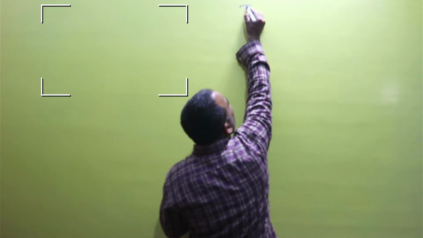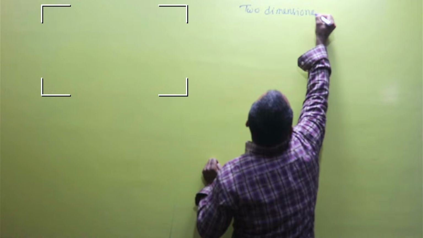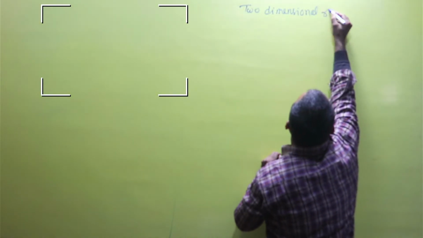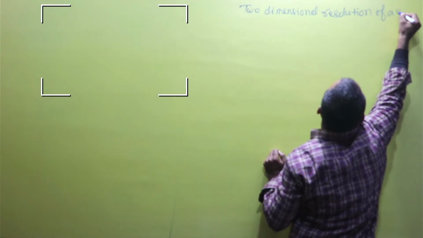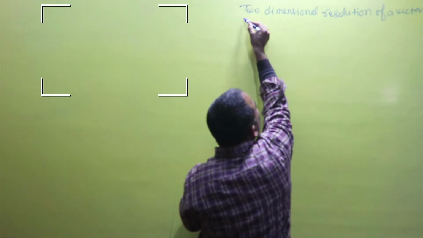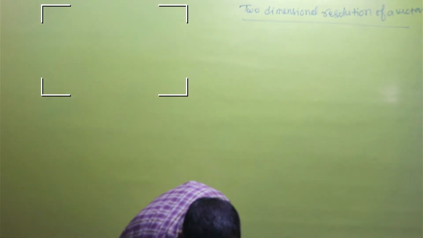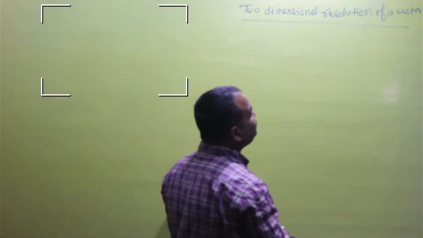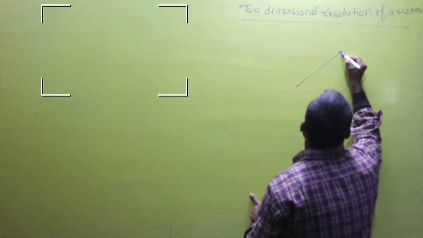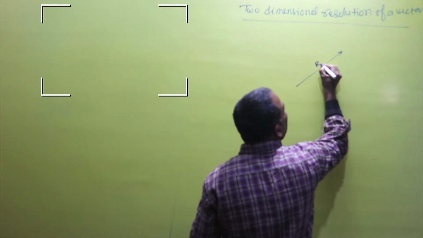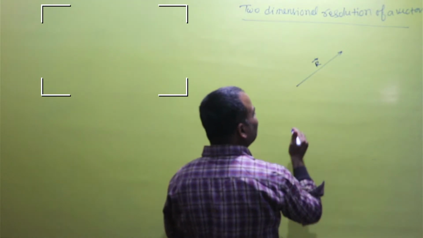Now, two dimensional resolution of a vector. Let this be the vector R, and we have to divide it into two parts.